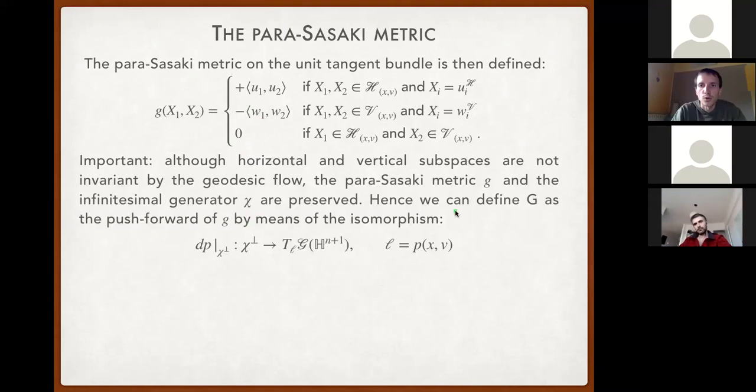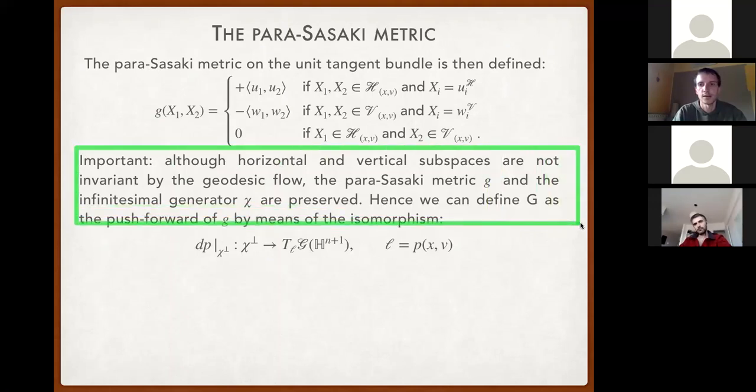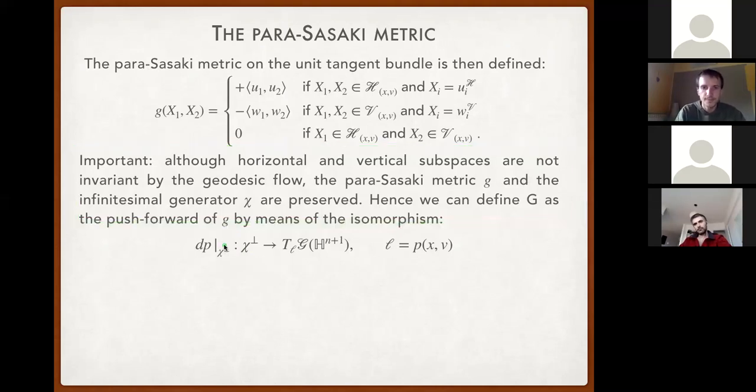And therefore, we can define our metric downstairs by taking the para-Sasaki metric upstairs, restricting it to the orthogonal to the geodesic flow, so the orthogonal to the fiber of this principal bundle, and pushing this forward by the differential of the bundle map. By this paragraph here, this thing is well defined. It does not depend on the chosen point in the fiber.